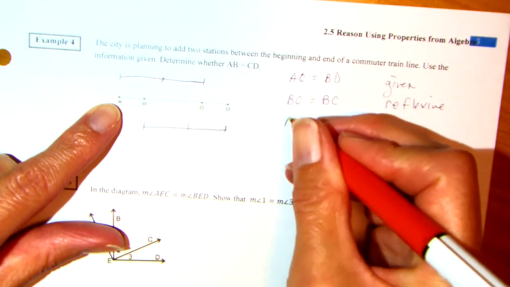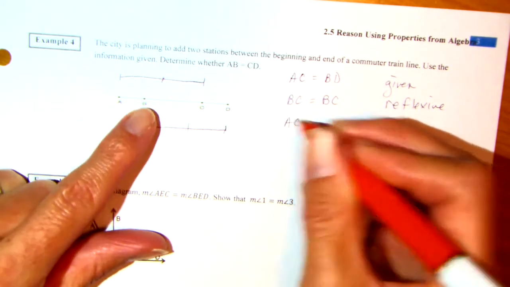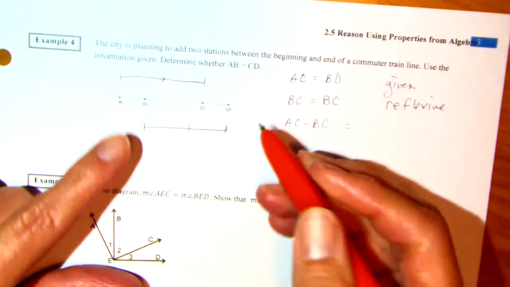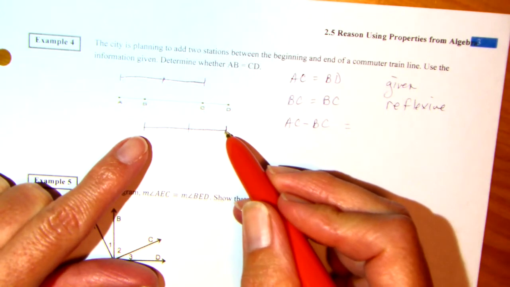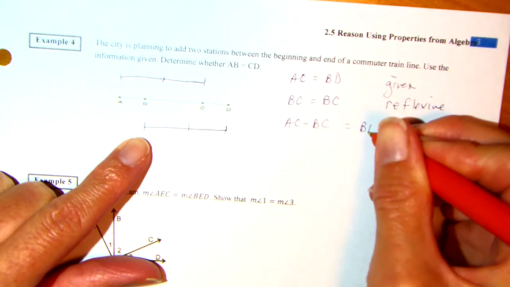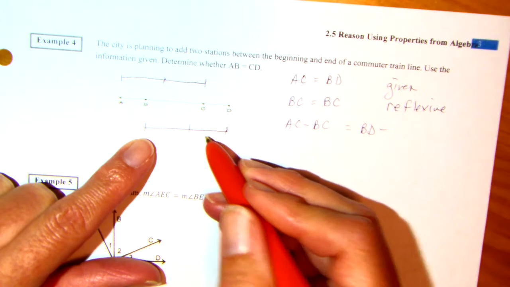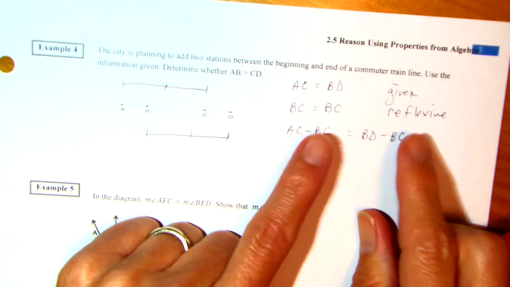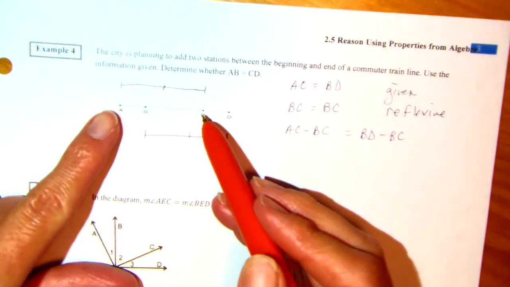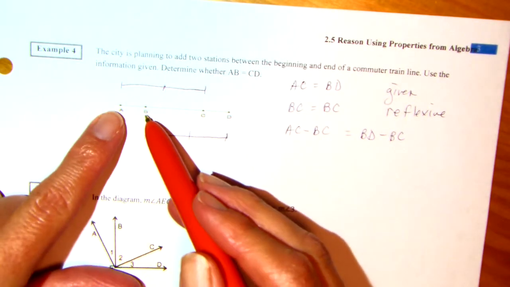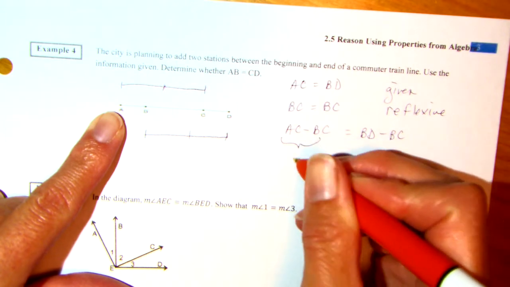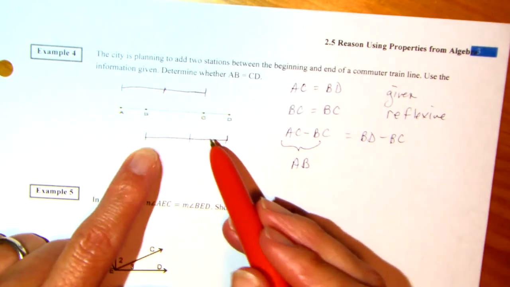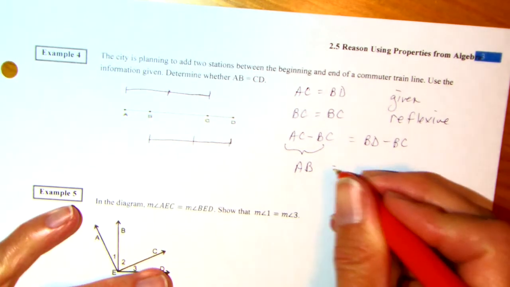AC, and I'm going to take away the BC part, is going to be the same as BD minus the BC part. Basically, I'm subtracting BC from both sides. So if I take AC and take the BC part away, I have AB left. And if I take BD and take the BC part away, I have CD left.